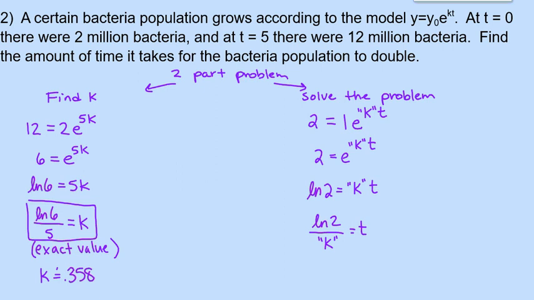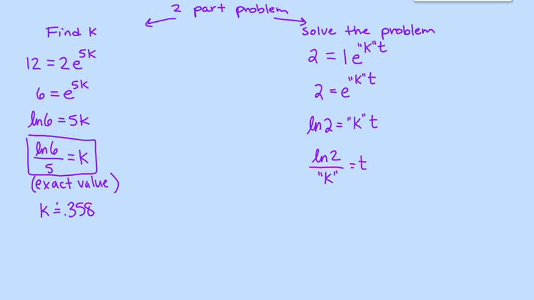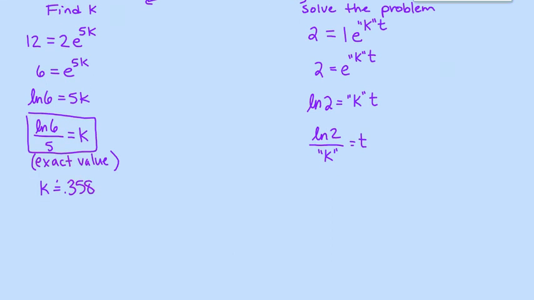All right, now if I'm giving an exact answer, it's time for me to plug my exact value of K back in here. So that's going to look like natural log of 2 divided by a fraction, natural log of 6 over 5. And you know that dividing by a fraction is the same as multiplying by its reciprocal.